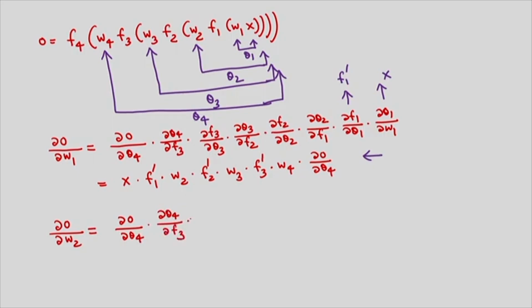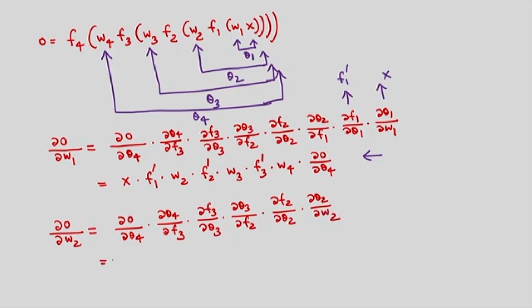By using the chain rule, del F3 divided by del theta 3, and del theta 3 divided by del F2, del F2 divided by del theta 2, and del theta 2 divided by del W2.